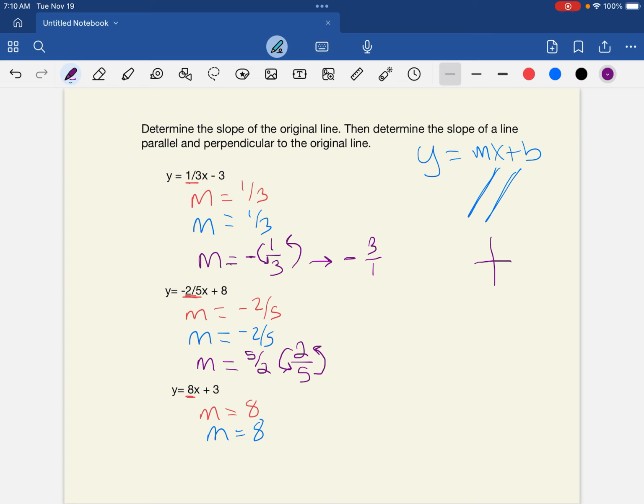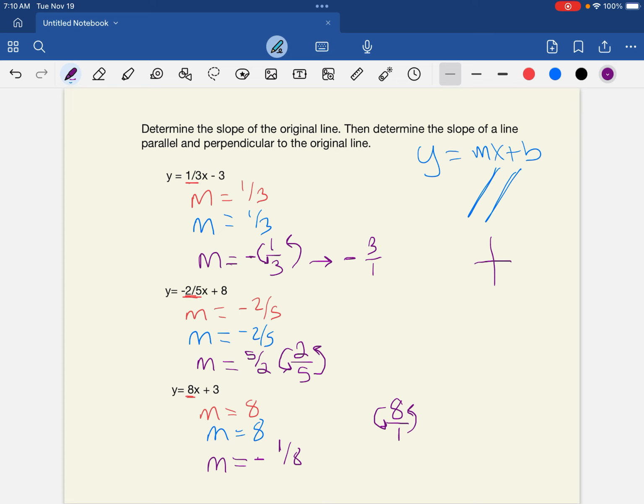And then finally, for our last line, 8x plus 3, the opposite is negative. Now the number 8 can be written as 8/1. So when I flip my fraction, this becomes -1/8.